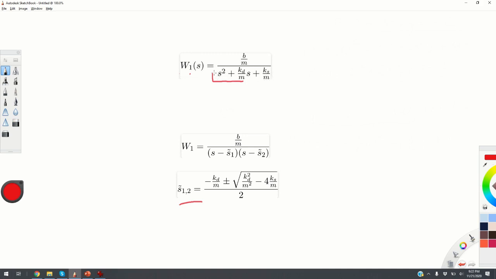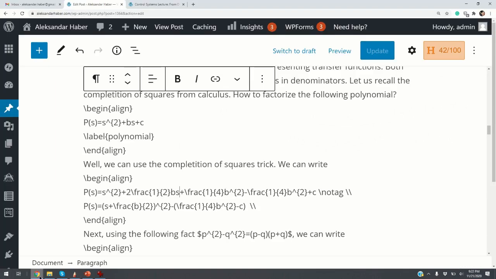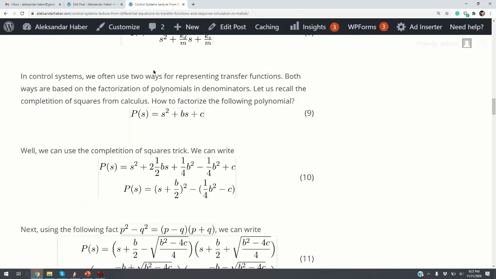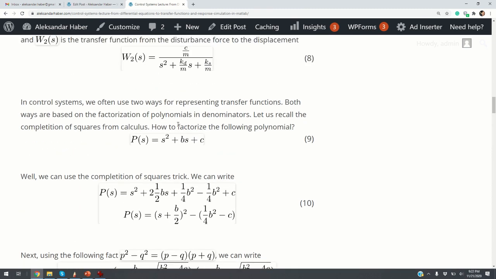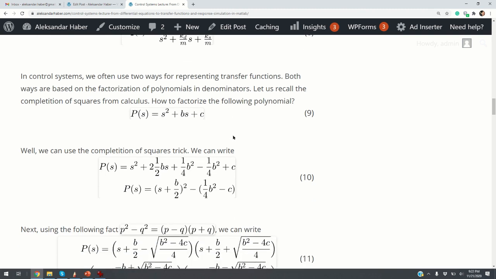So, how to factorize this polynomial? Well, I'm going to skip a few steps in the interest of making this video relatively short. So the problem boils down to factorizing a polynomial that in the general case looks like this, where b and c are constants. In order to factorize this polynomial, we can use the completing the square trick.